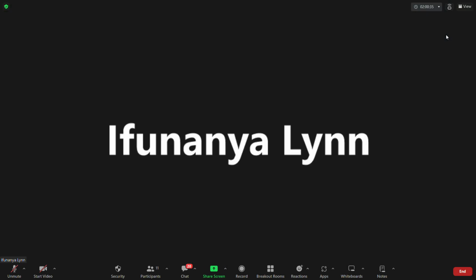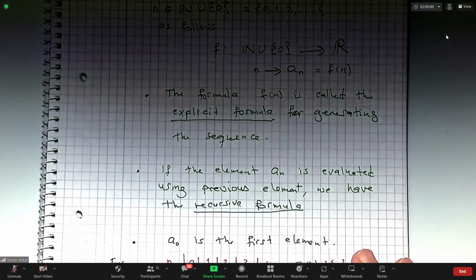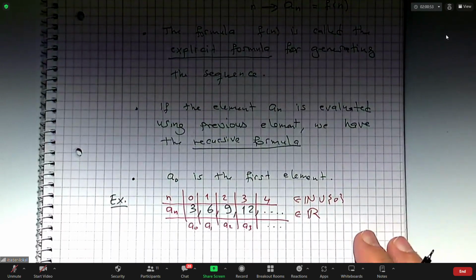Excuse me, Professor. So here, of course, this is in N union 0, and this one here in R. So this is how you look at the sequence. So bear in mind that n is a non-negative integer, and the elements of the sequence are real numbers.